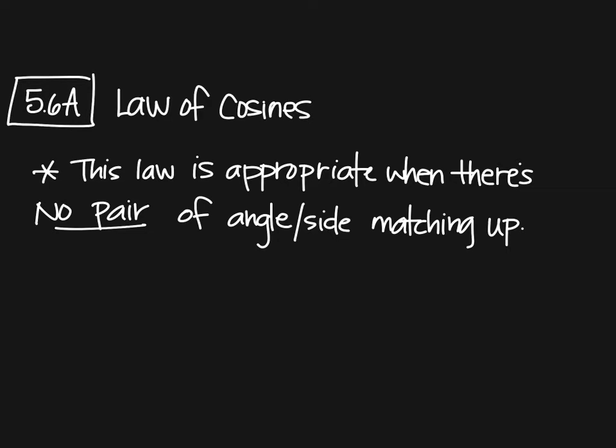All right, here's how the law of cosines goes. I'll write it down and put a box around it, and that's the law that you need. Let's start with the cosine of A. When you don't have a pair, you take little b and square it, you take little c and square it, and you take little a and square it, but that's the subtracted one.